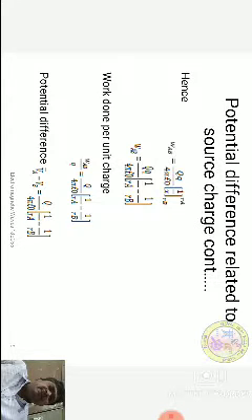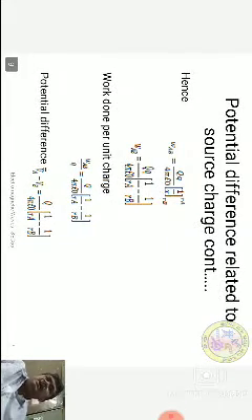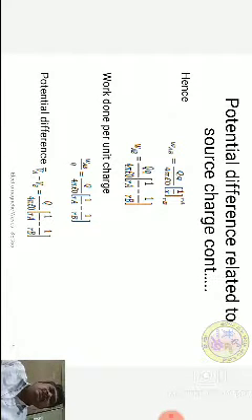So the potential difference can be written as V, or VA minus VB, equal to q upon 4 pi epsilon naught into 1 upon RA minus 1 upon RB. This is the expression for the potential difference related to a source charge.